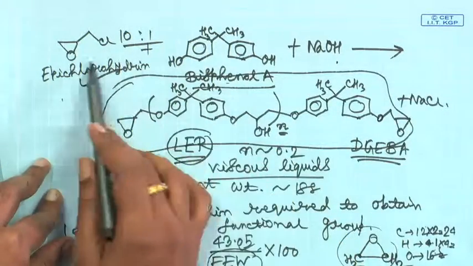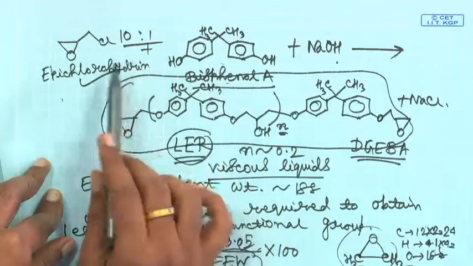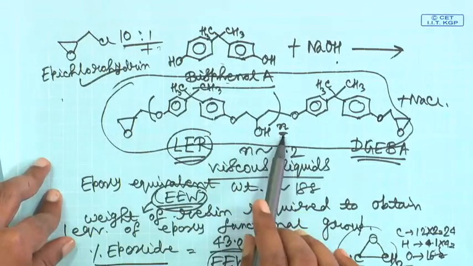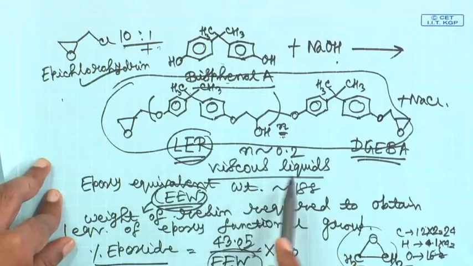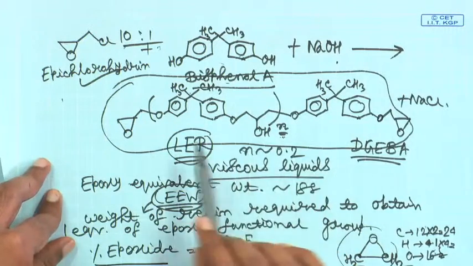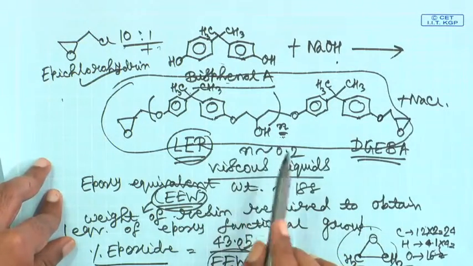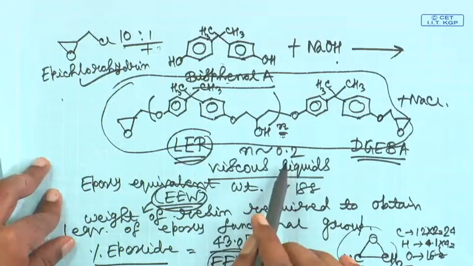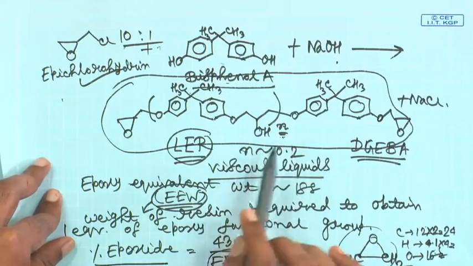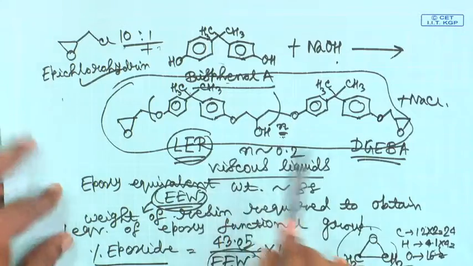Depending on this ratio, if it is very high, typically 10 to 1, then the N value is very small, and what you will get is a highly viscous liquid, which is a liquid epoxy resin. Typically your N value is close to 0, 0.2, 0.3 like that, when you are getting your liquid epoxy resins.